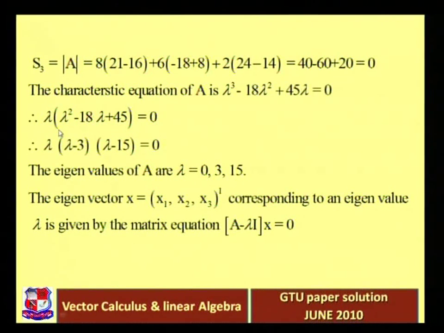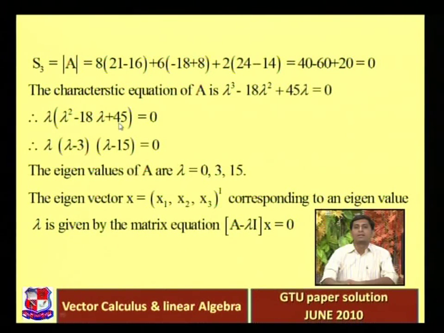Lambda will be common, and after that lambda square minus 18 lambda plus 45, and when we factorize this term, you will get lambda minus 3 into lambda minus 15, because 15 into 3 is 45, minus 15 into minus 3 is 45, and minus 15 minus 3 is minus 18. So when we factorize this second degree polynomial, you will get lambda minus 3, lambda minus 15.